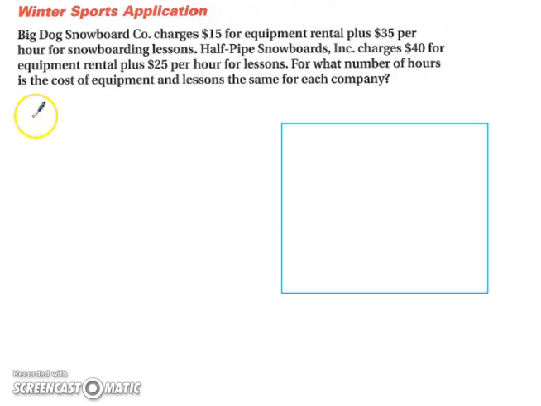Alright, so let's look at our Big Dog Snowboarding Company, BDSC for short here. So we have y equals $35 per hour, and it's 15 to start.